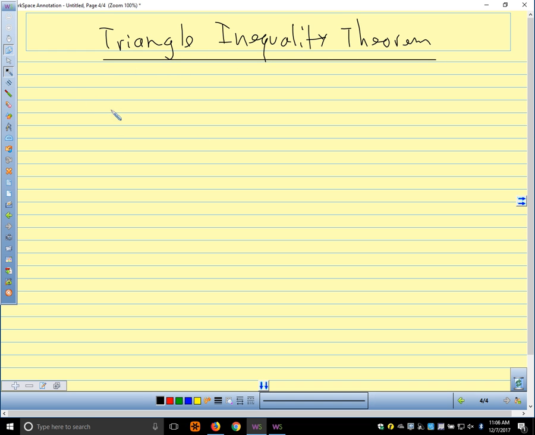The triangle inequality theorem says the sum, and when we say sum, what does that mean? What are we doing? Addition. Sum means add.